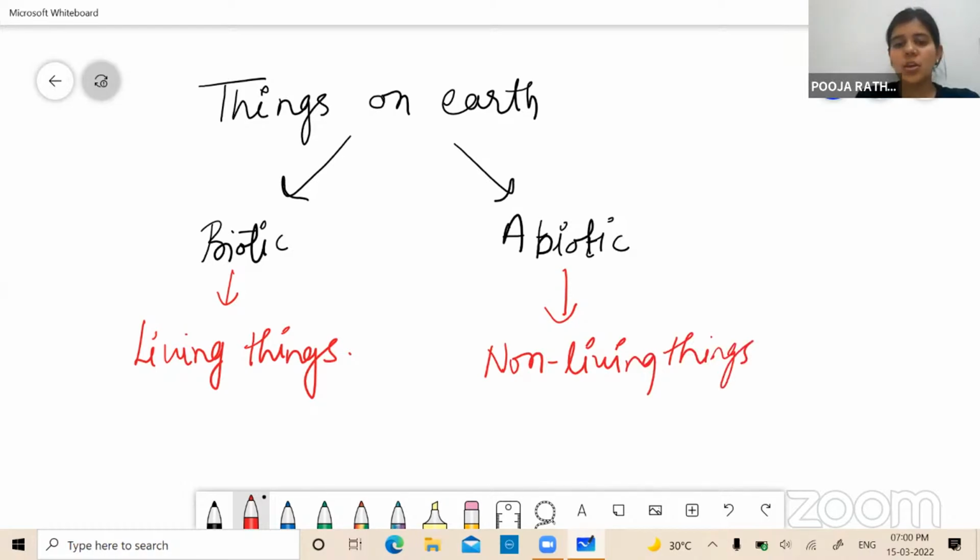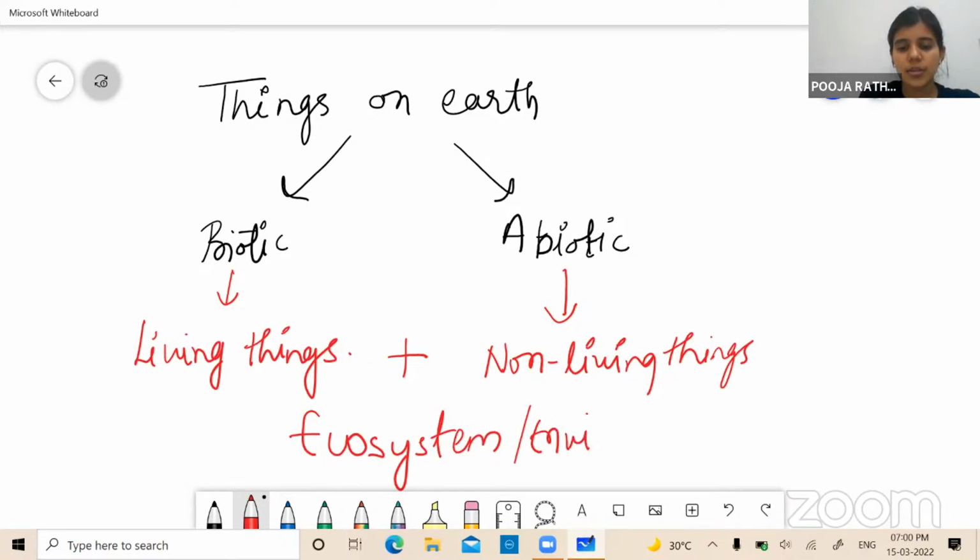And when these living things and non-living things combine and live in a particular area, it makes an ecosystem, or we can say an environment. Is it clear?